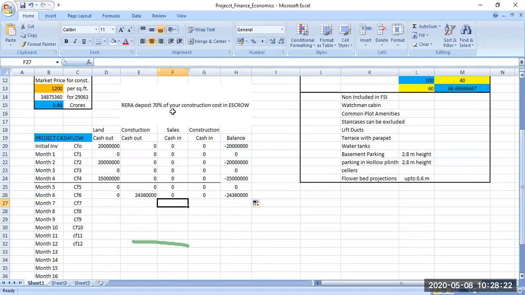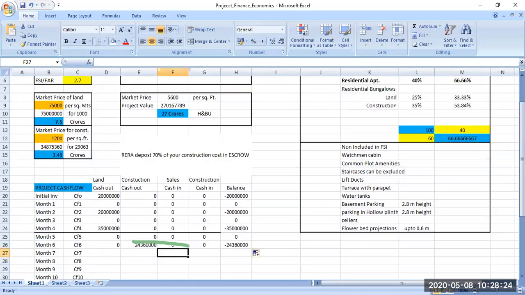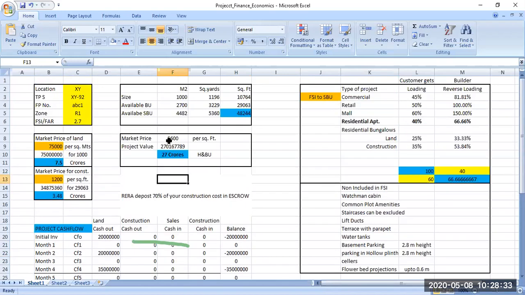So what are we selling? Okay, so we'll have to assume a few facts here. Let's say our project is 27 crores, that's the total value, and the market price is so and so.